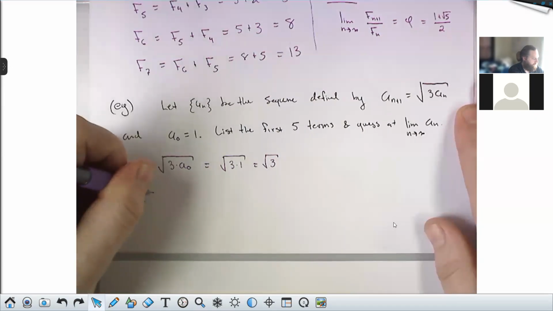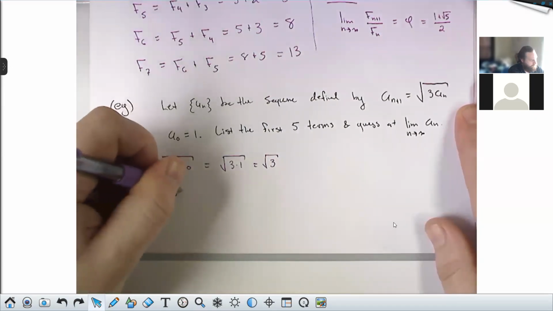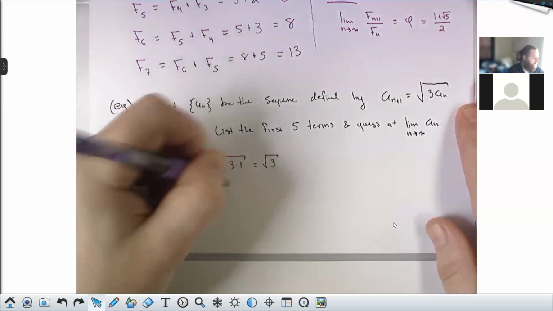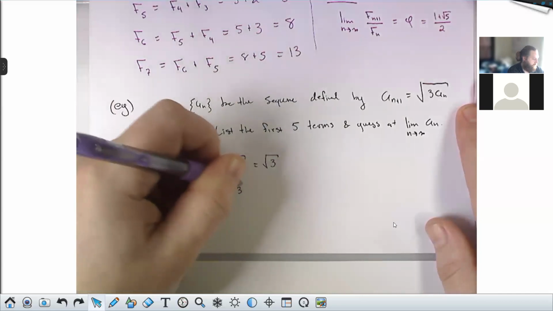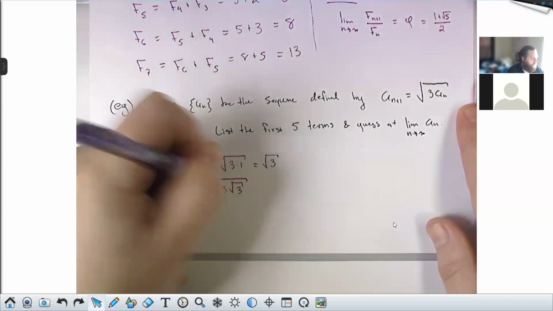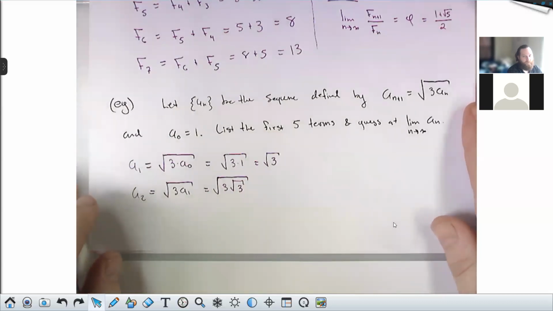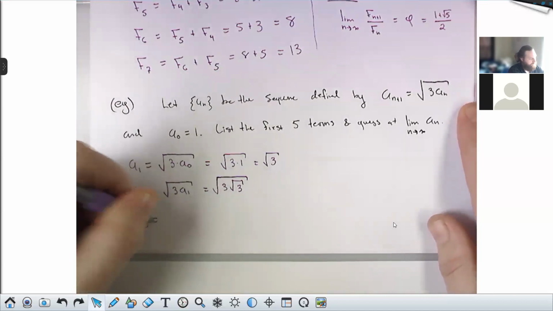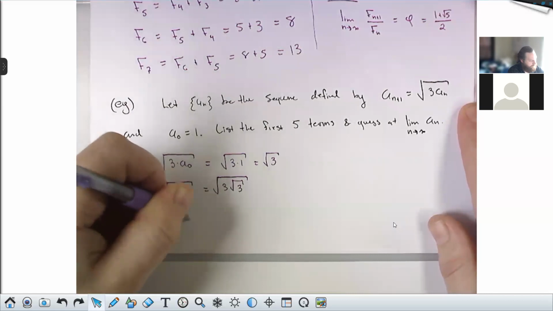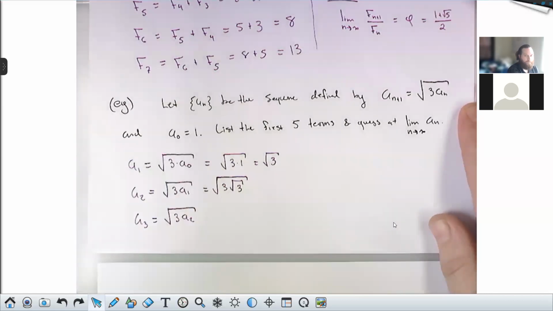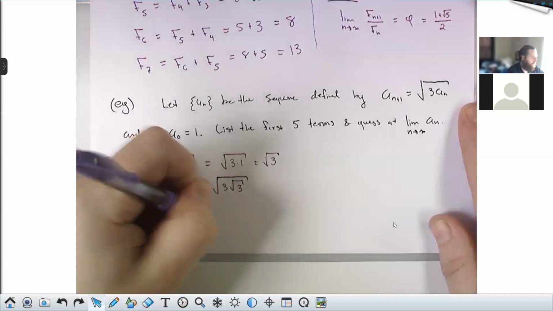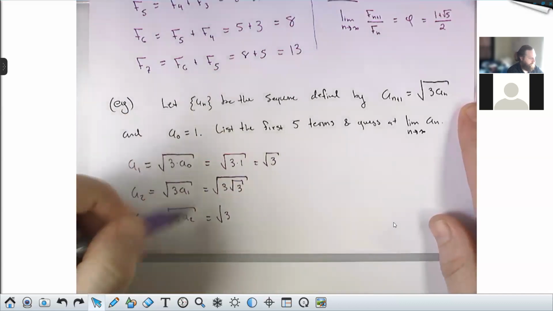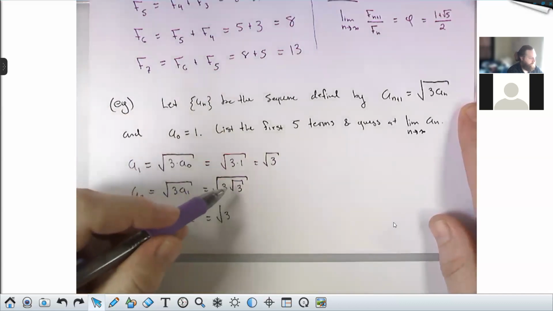a_2 would be the square root of 3 times a_1, which is the square root of 3 times the square root of 3, nested like this. a_3 would be the square root of 3 times a_2, and a_2 is the square root of 3 times the square root of 3.